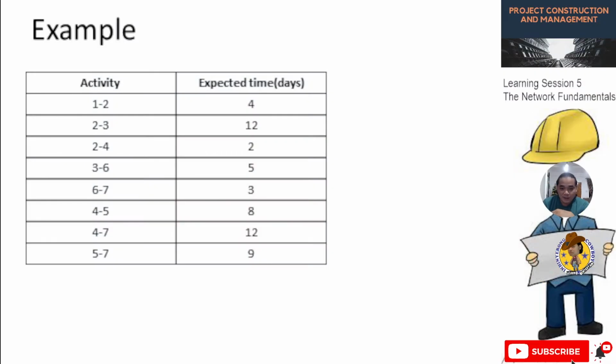So let's check the problem. We have activity 1 to 2, activity 2 to 3, activity 2 to 4, activity 3 to 6, activity 6 to 7, 4 to 5, activity 4 to 7, and 5 to 7.